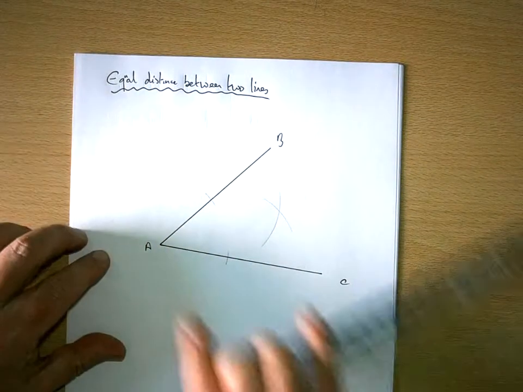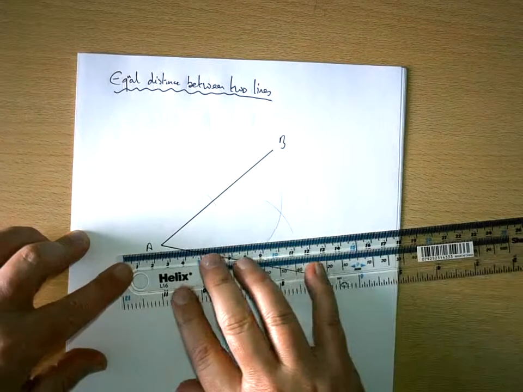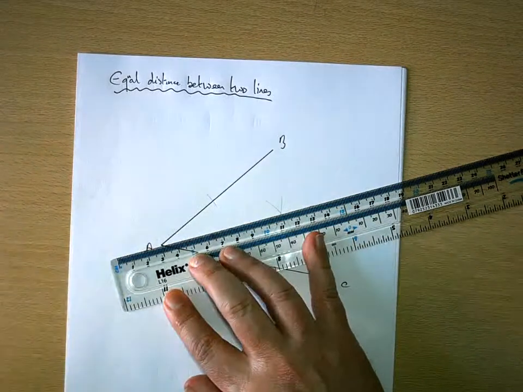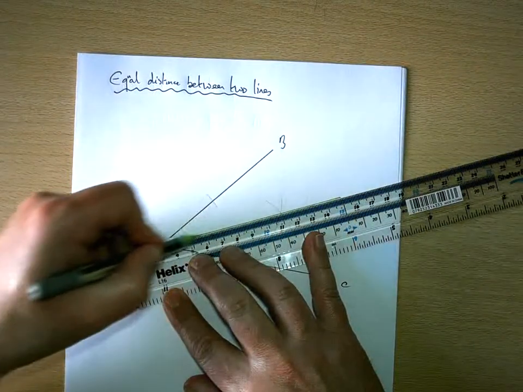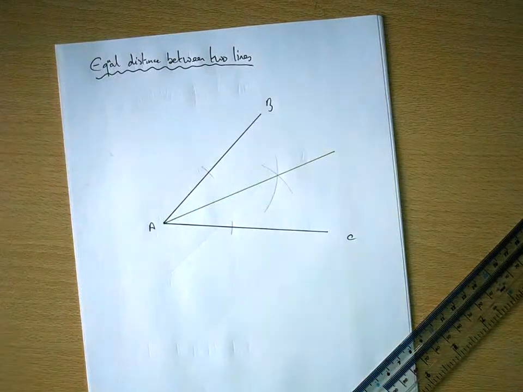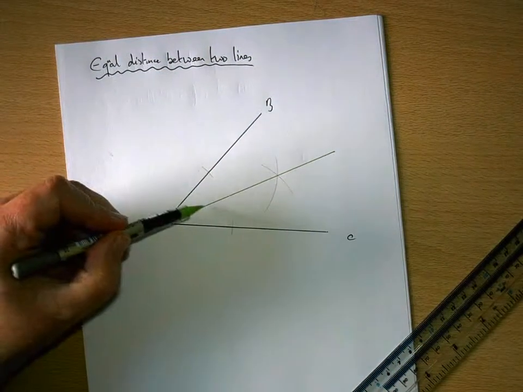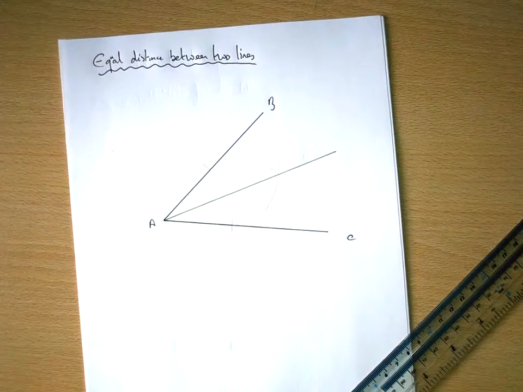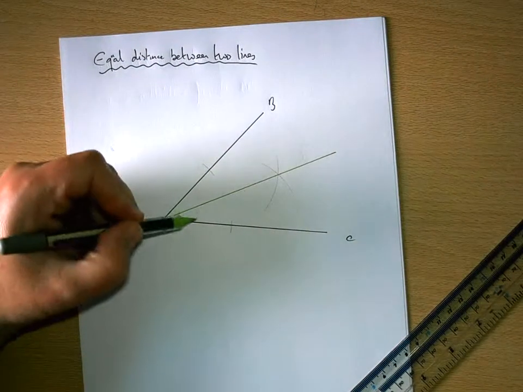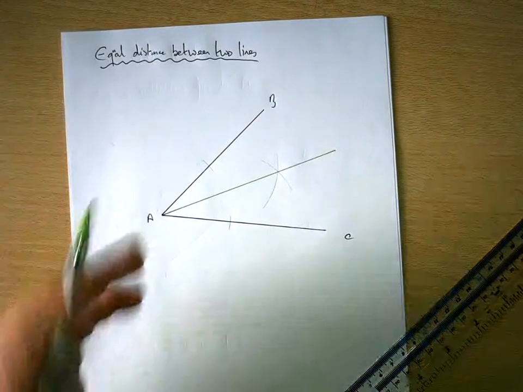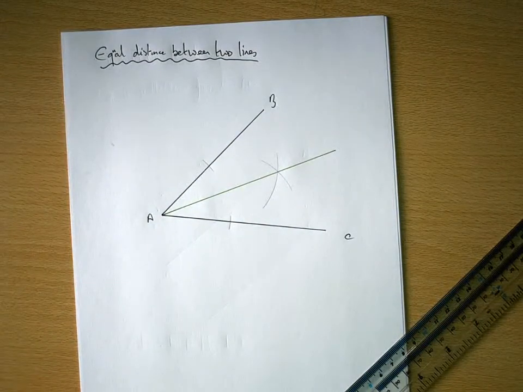Where those cross, draw a line through the point A, which is what we're cutting. Everywhere on that line is an equal distance from both AB and AC. As I said, you could get an angle measurer, measure the angle, divide it by 2 and mark it on if you've forgotten, but it's not too difficult to remember.